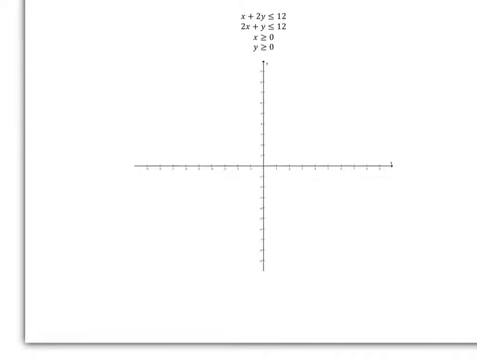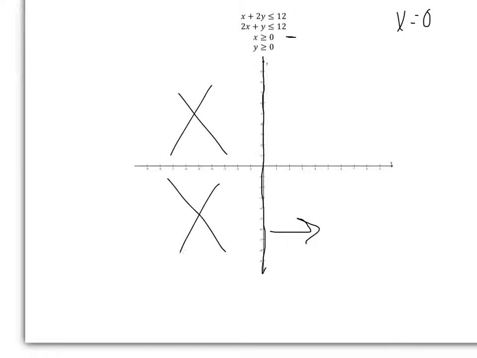If we have x is greater than or equal to 0, first off we have x equals 0. That's a vertical line right here. X being greater than 0, we're going to be shading this way. So we're not going to be shading over here, just by x is greater than 0. Look at the second one. Y equals 0 is a horizontal line that runs like this.